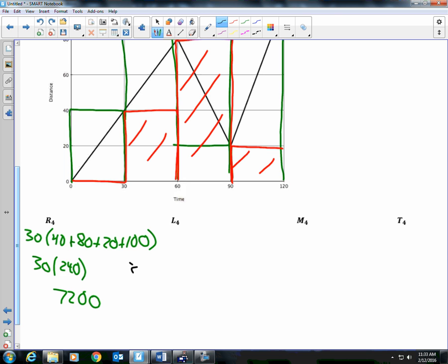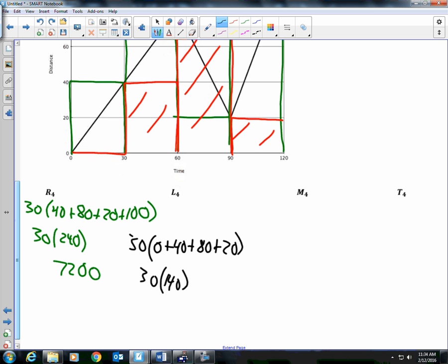I still have 30 times. How will it change from the right hand? What will I add on? What will I get rid of? I'll add on 0 and get rid of 100. So 0 plus 40 plus 80 plus 20. 30 times 140, 5,200.